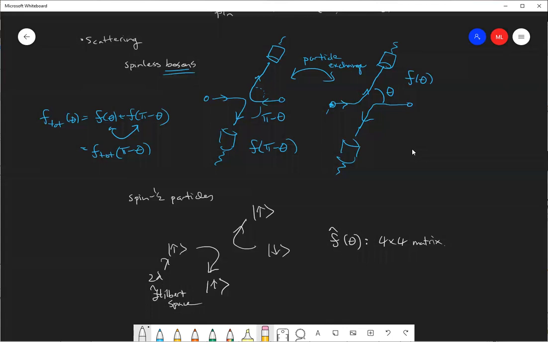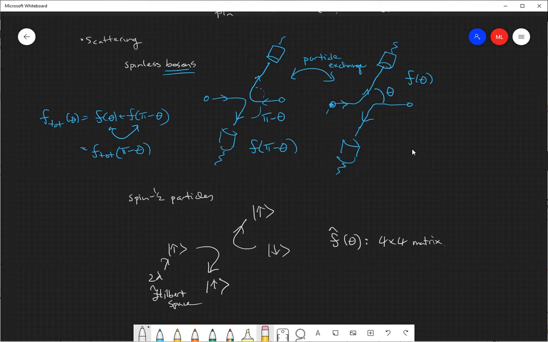So there's four combinations of incoming states. So you need to do like up up, up down, down down, down up. And then there's four possible states that come out, right? All the four spin combinations. So indeed, it has to be a 4x4 matrix because that covers all the possibilities for scattering, right? You have all the four different ways of coming in and the four different ways of coming out.